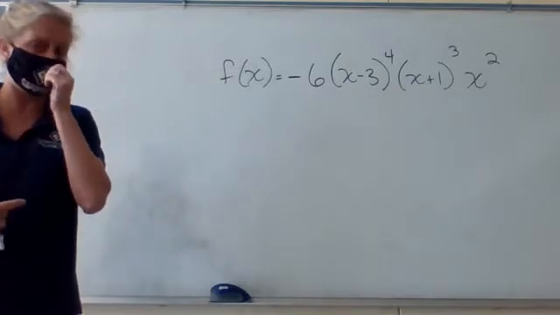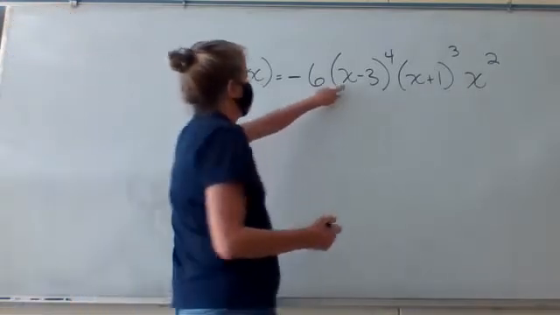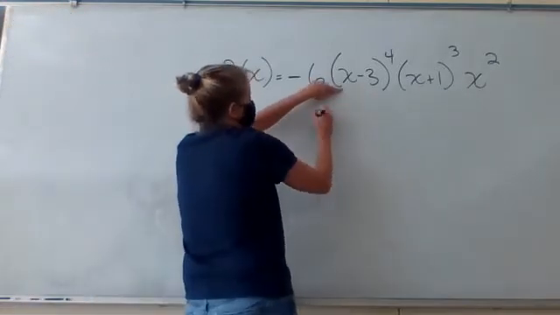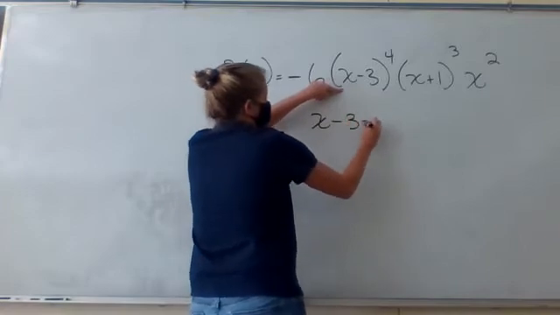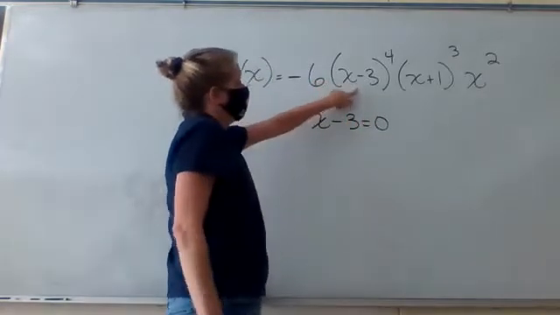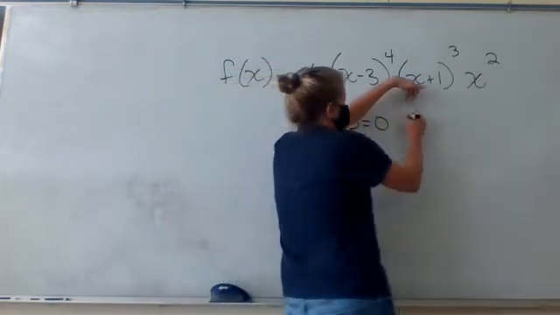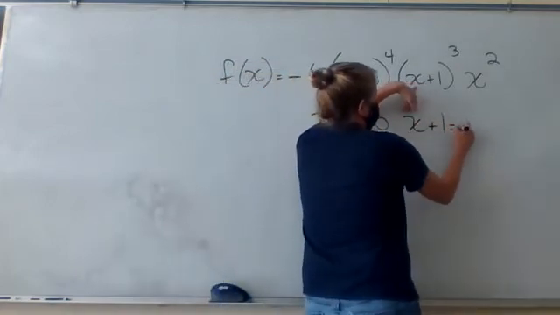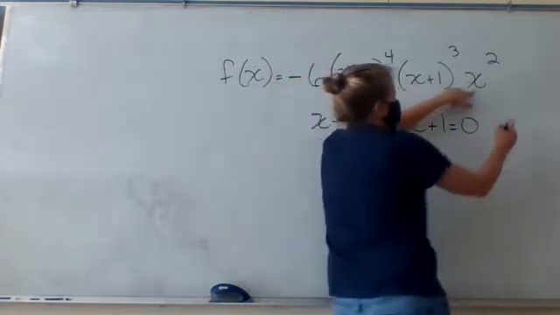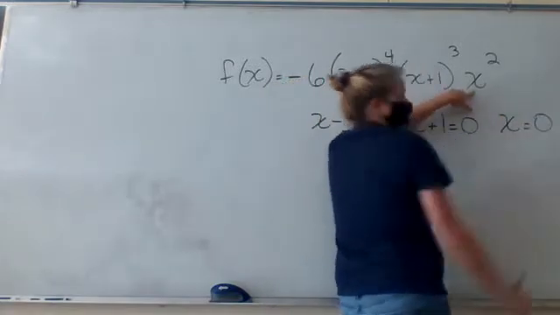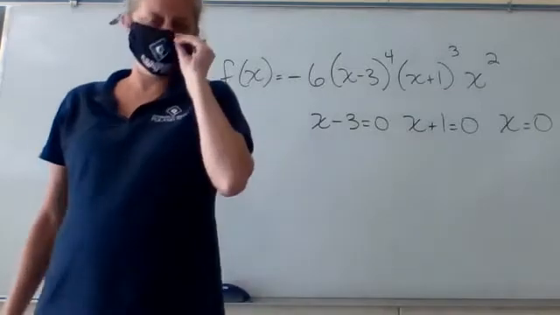So let's look at all the factors that have x's. This one does, so I'll set it equal to 0. Here's another factor that has an x, so I'll set it equal to 0. And then my last factor, which is just x, I'll set it equal to 0.